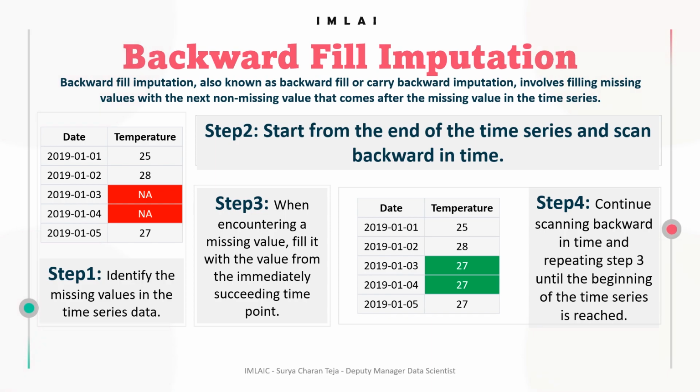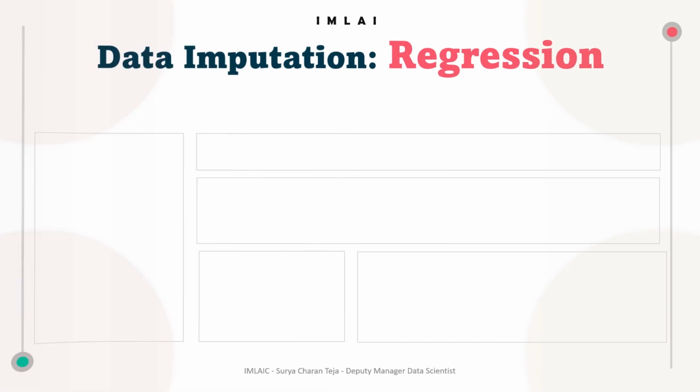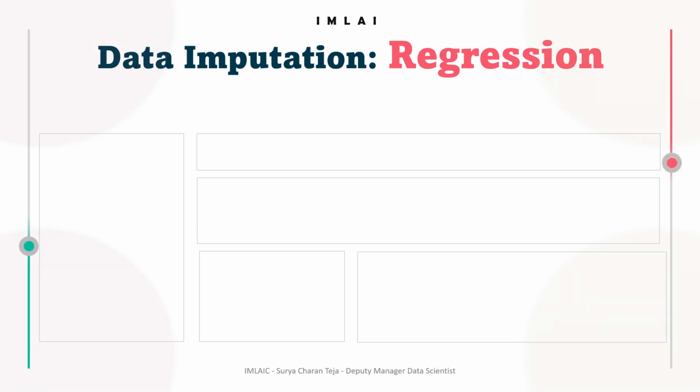Now let's look into the next technique in data imputation, that is regression. Regression imputation, also known as regression based imputation, is another method used for handling missing data in time series datasets.